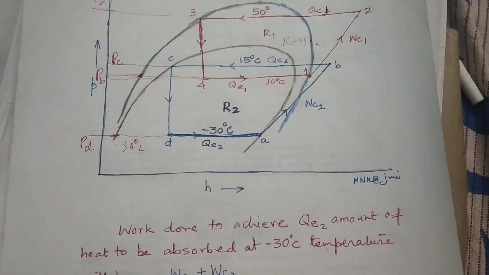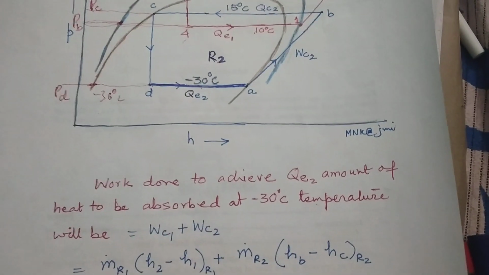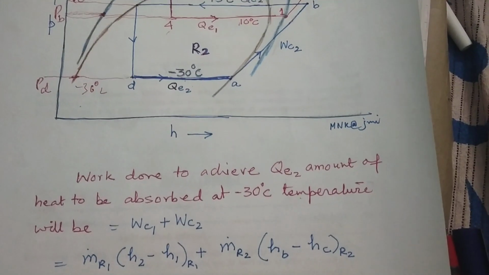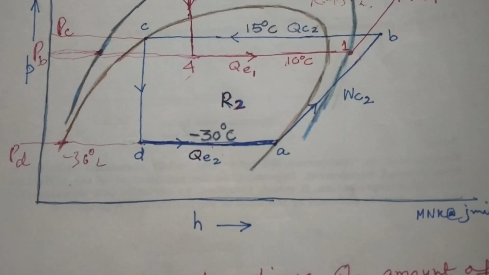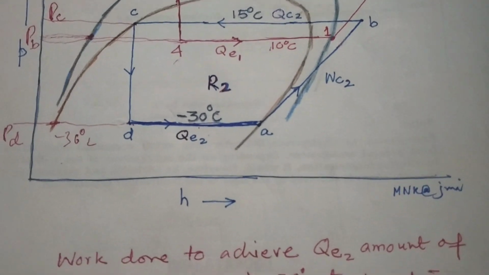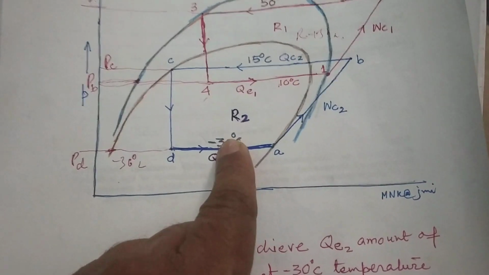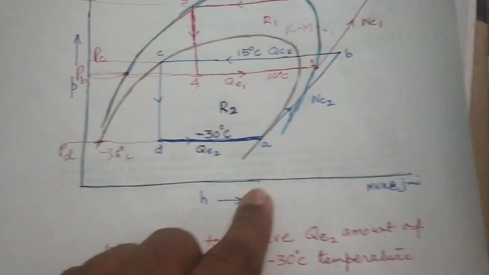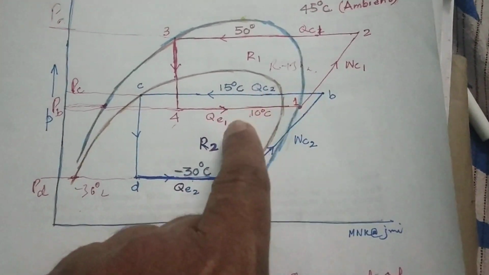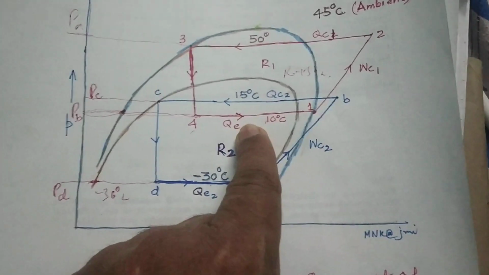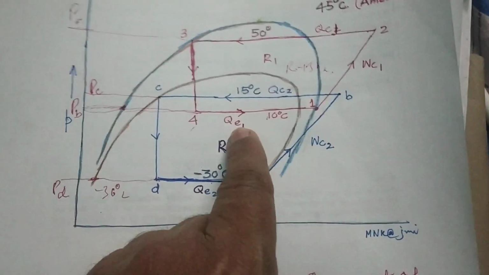Now talking about COP, what is the work requirement in order to achieve this QE2 amount of heat absorbed? If you want QE2 amount of heat to be absorbed at minus 30 degrees centigrade, then you have to do two works, WC2 and WC1. QE1 is not heat absorbed and not giving you any effect, it is only transferring. So don't talk about this.